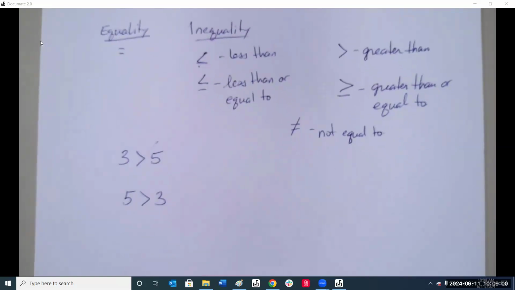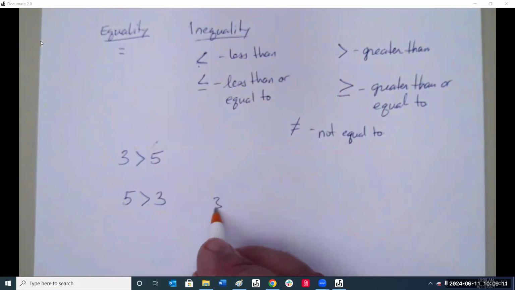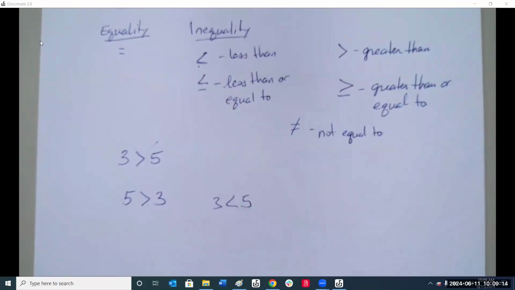Is that true? Yeah. 5 is larger than 3. Is that true? Yeah. 3 is less than 5. So these two statements are identical. If I move the numbers, I have to move the inequality sign also.